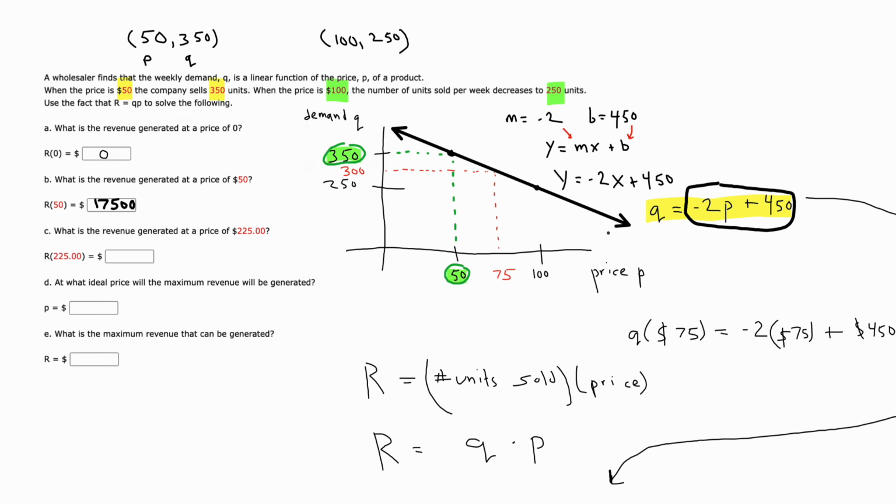So apparently this must be actually where the curve will intersect the horizontal axis. This is a price of 225.